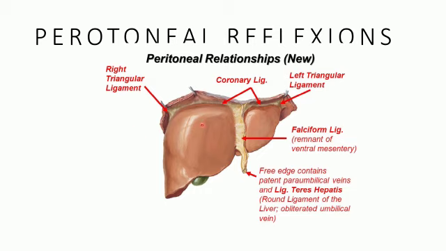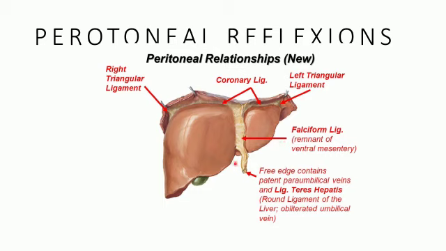Coming to the peritoneal reflections. The peritoneal reflections are how the peritoneum covers the organ and how it extends as ligaments, so we call them lines of peritoneal reflection. The right and left layers of the falciform ligament are attached vertically on the anterior surface of the liver between the anatomical right lobe and left lobe and diverge above.